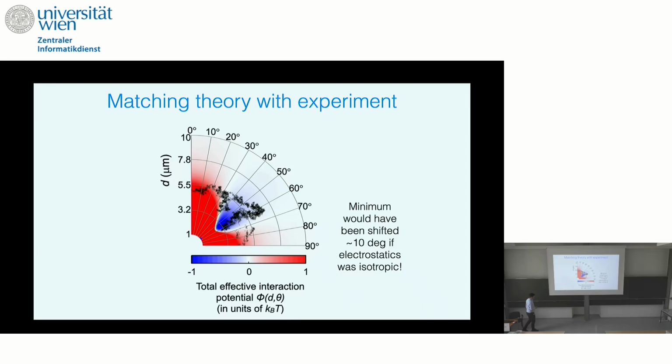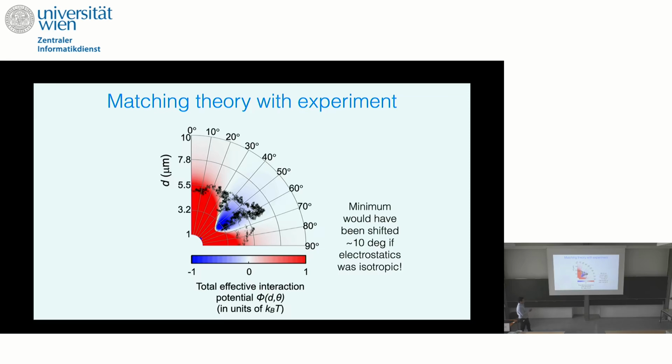We were able to compute the effective interaction within the Debye-Hückel-like theory, in a certain sense also analytically. The black dots are the equilibrium separations of a pair of particles, and the color map is the theory. Blue means attraction, and red means repulsion.